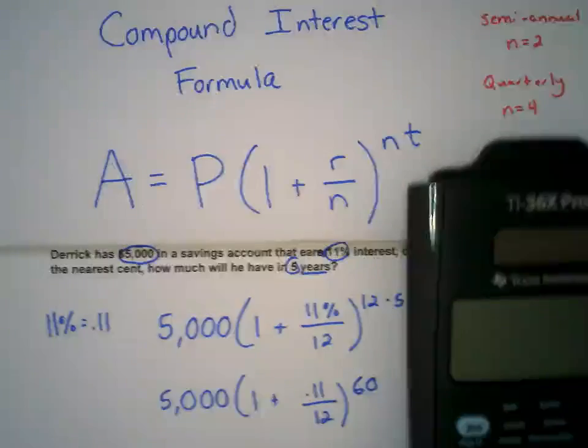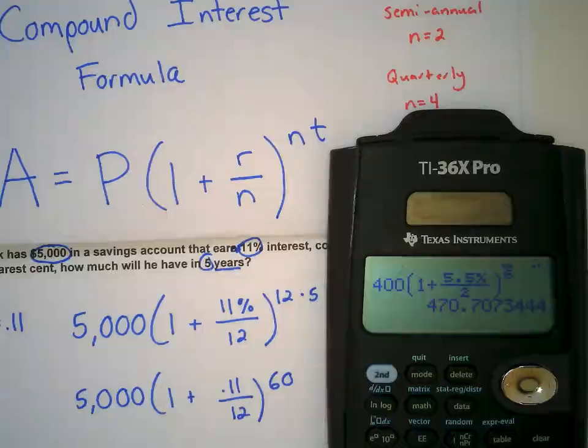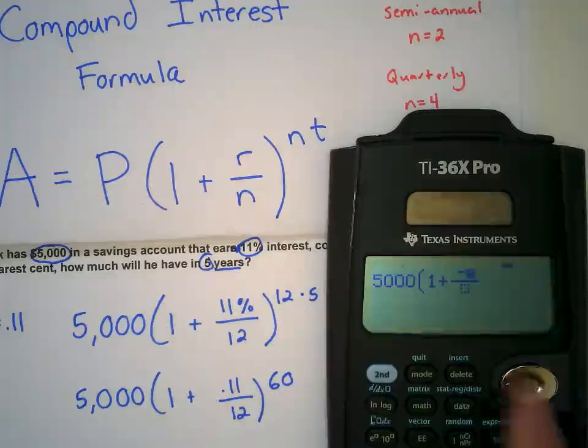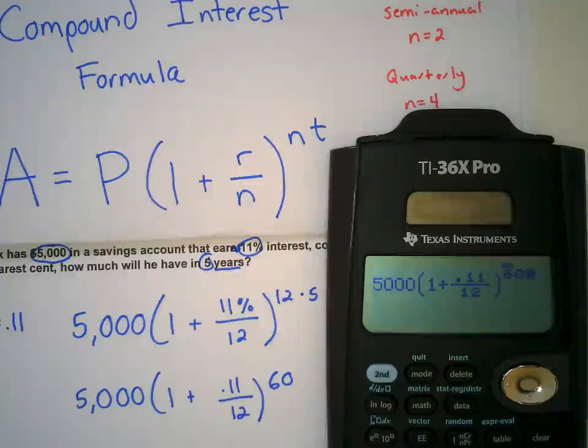So if we plug that into our calculator: 5,000, parentheses, 1 plus 0.11 over 12, raised to the 60th power.